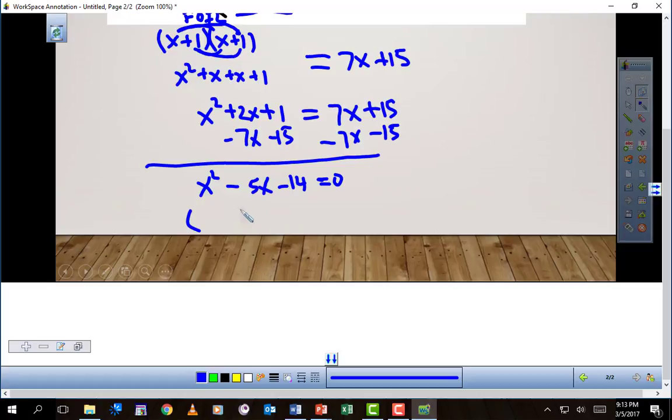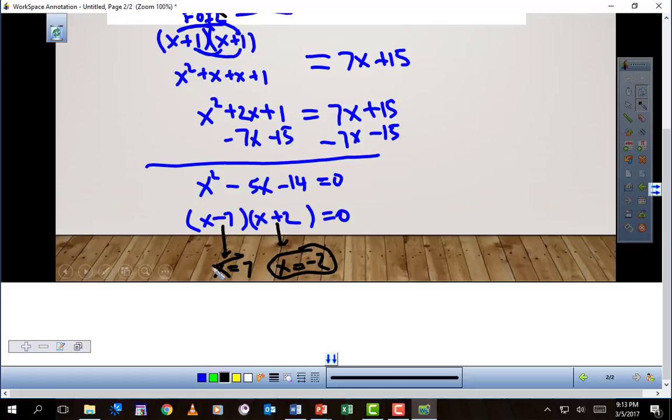But this looks like to me it does factor. So I get x minus 7, x plus 2 here. But this is equal to 0. So now I use the principle of zero products. From here I get x is equal to 7. And from this one I get x is equal to negative 2.